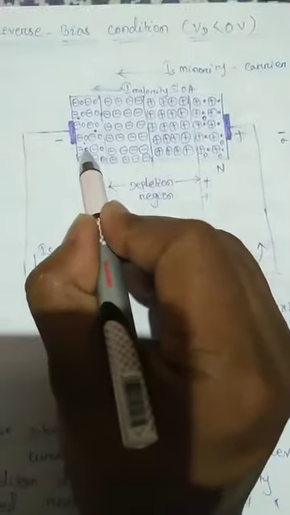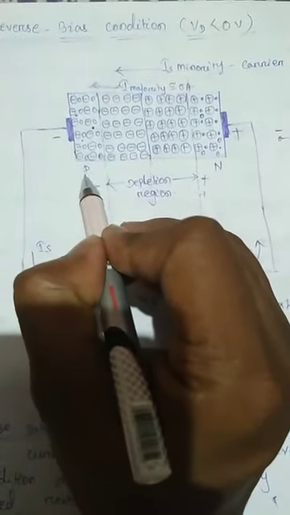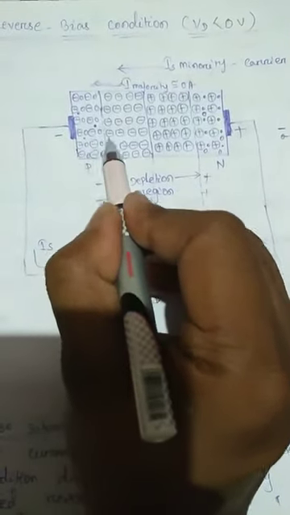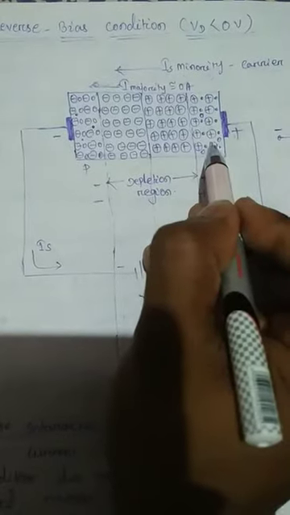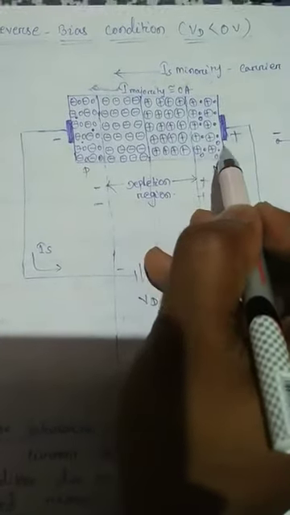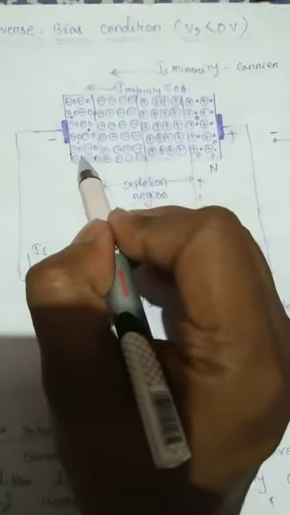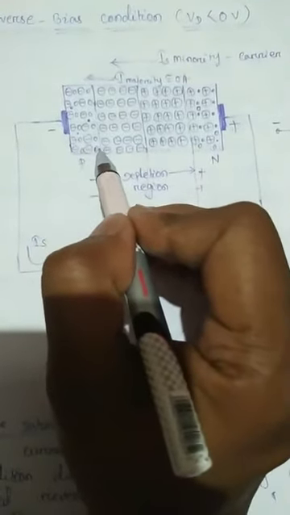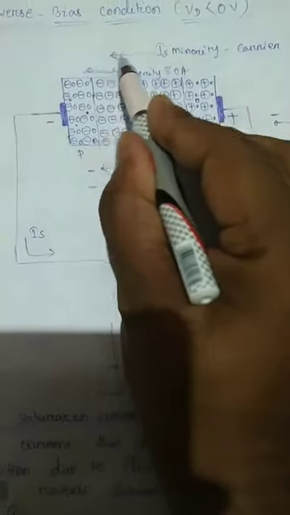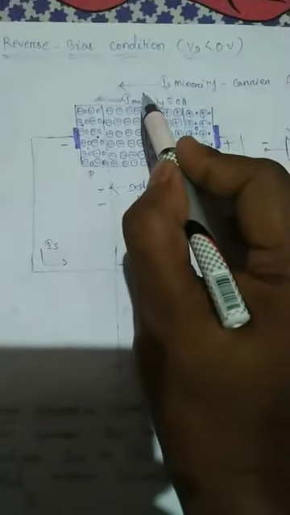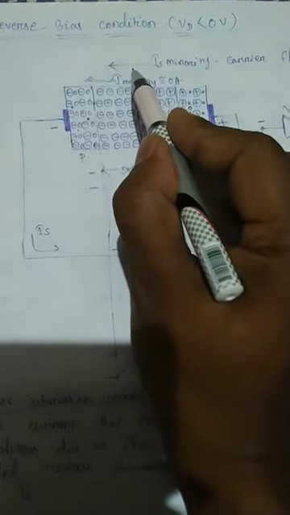As a result, the minority carrier electrons from the P side will move to the N side, and the minority carrier holes from the N side will move to the P side. So there will be a current flowing in these directions. This current is known as reverse saturation current.